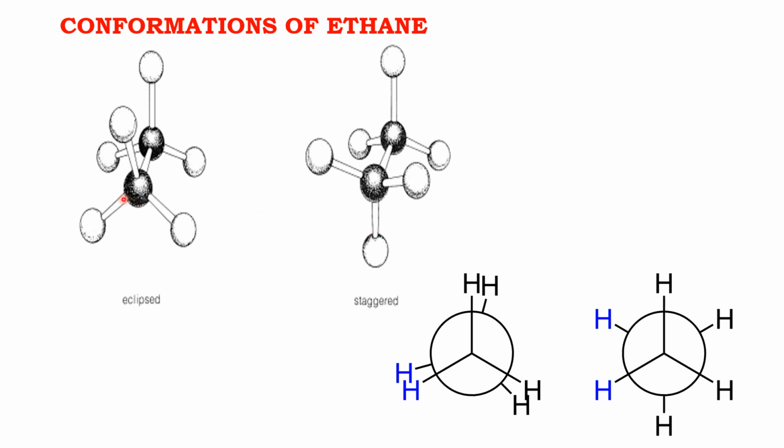In eclipsed conformation, the hydrogen atoms of the 2 carbon atoms are placed one below the other, or the 3 hydrogen atoms of each carbon atom lie in one plane. While in staggered conformation, the hydrogen atoms of the first carbon atom are placed exactly between the hydrogen atoms of the second carbon atom.